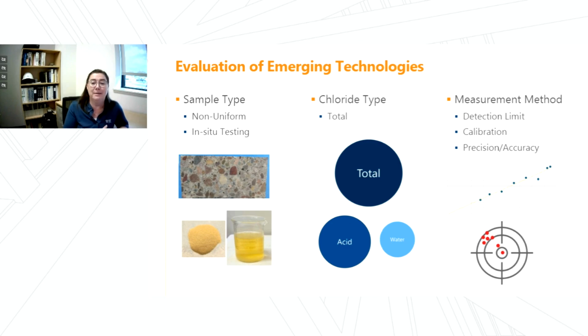We've done interlab studies and things, and we know how accurate and precise a lot of those methods are. And we just don't have that information yet for these newer technologies. So these are all things that we want to keep our eye on when it comes to not only these techniques, but any that might be coming forward in the future.